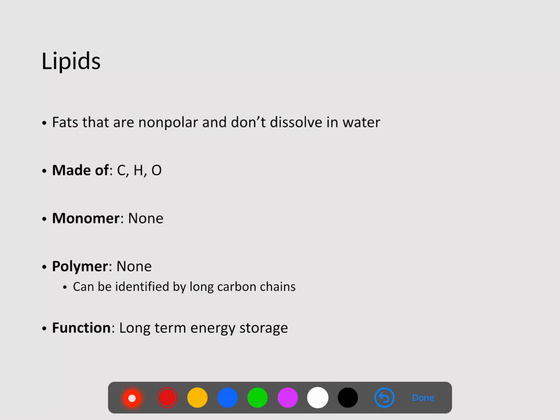So lipids are fats, okay? And they don't dissolve in water. So that's one way you can actually ID them. Now, they are also made of carbon, hydrogen, and oxygen, but again, they are in a much higher carbon ratio. There is no 1 to 2 to 1 ratio like we do in our carbohydrates. There's no monomer, therefore there's no polymer.